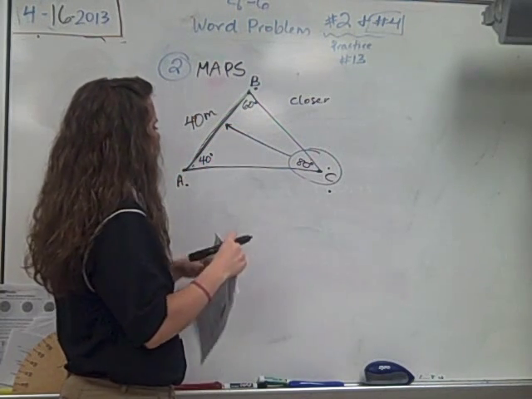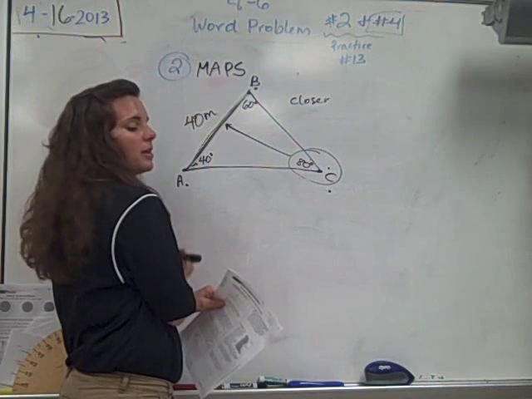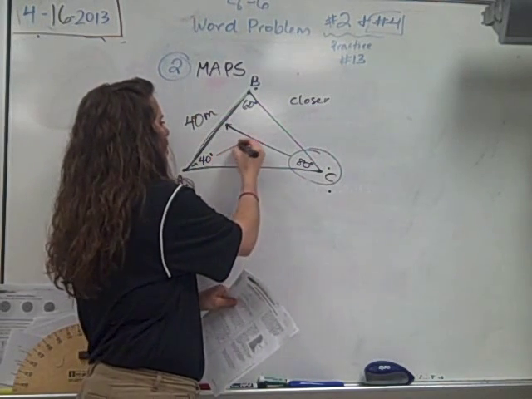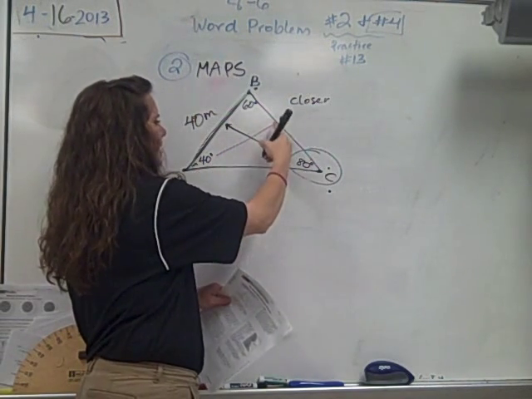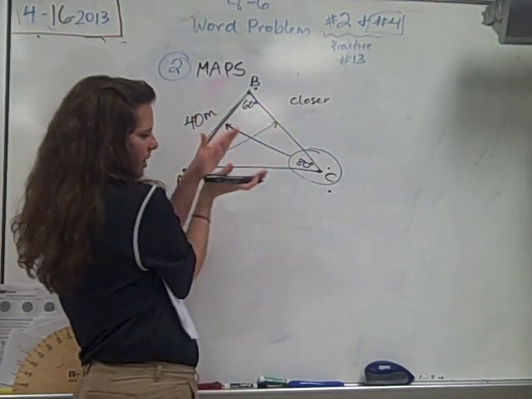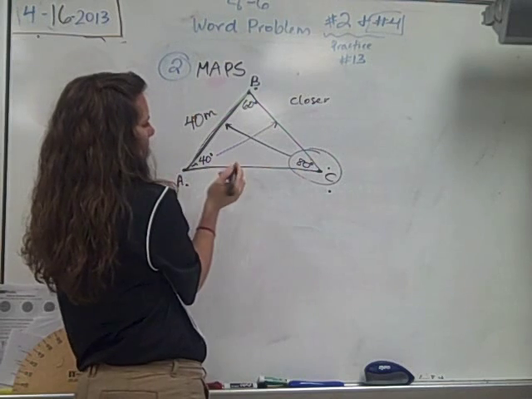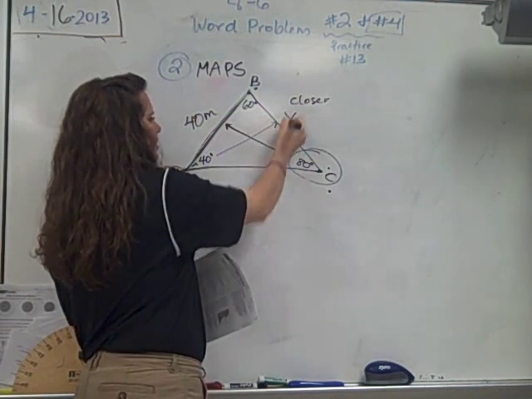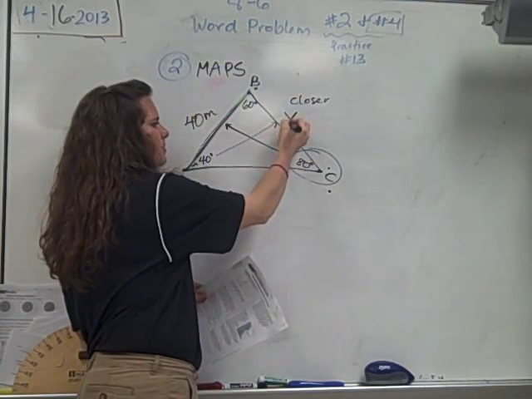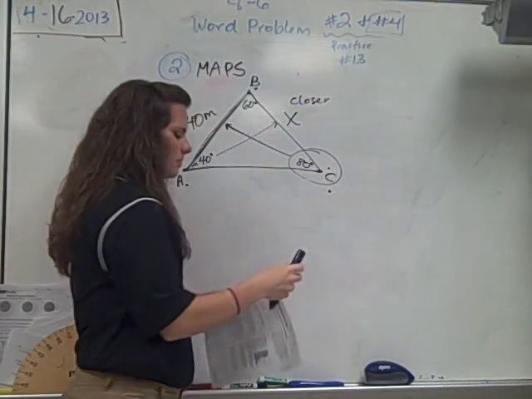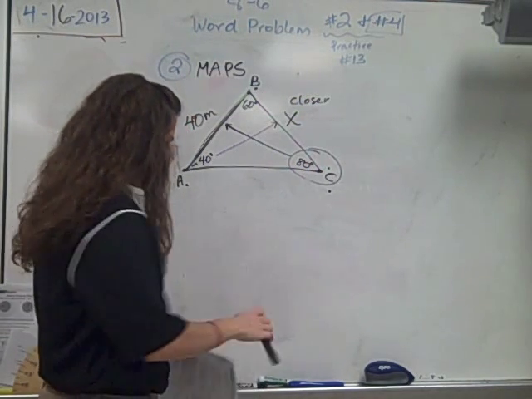What's your smallest angle? 40 is your smallest angle. Therefore, the side that's opposite that is going to be smaller. Since this angle is smaller, this side's going to be smaller than that 60. So this is the side we want to find, BC. So we're going to put a variable there.